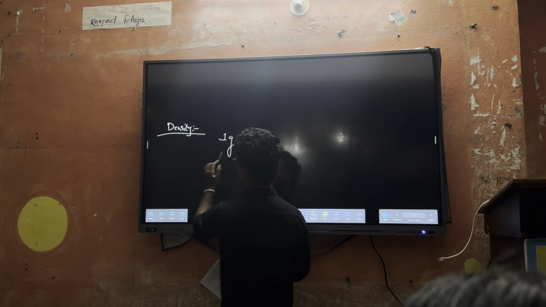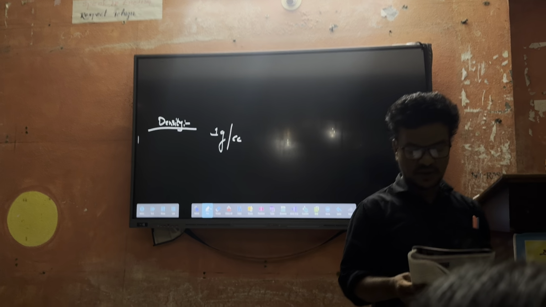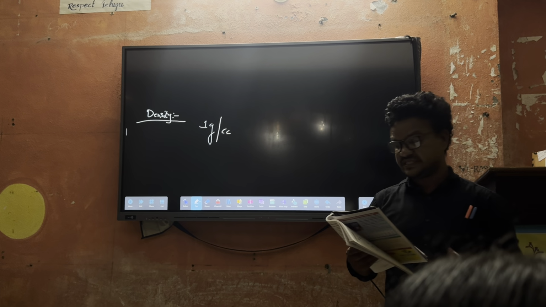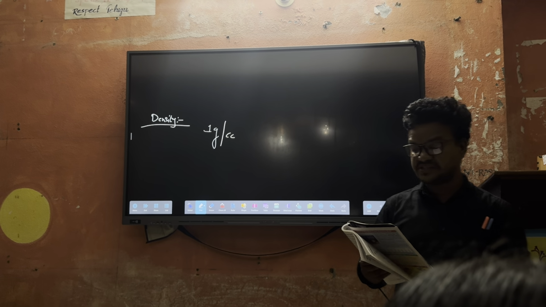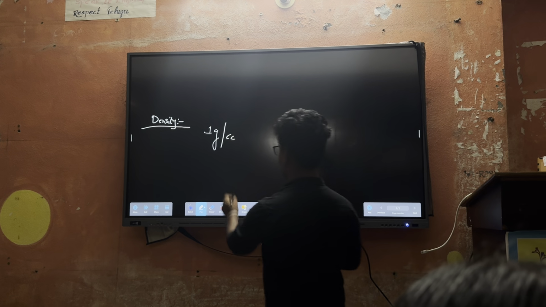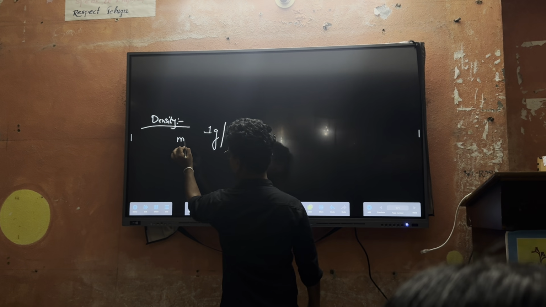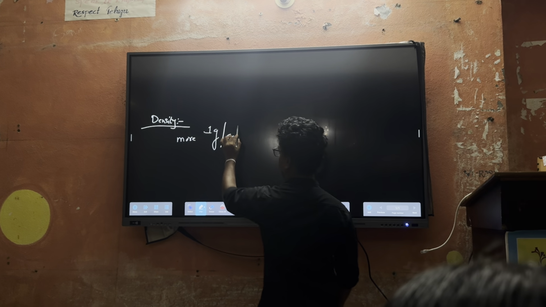An object with a density of more than 1 gram per cubic centimeter will sink in water, children. More than 1 gram per cubic centimeter, it sinks in water.